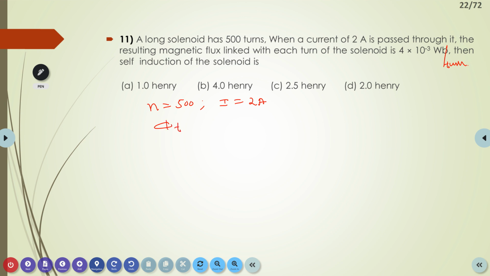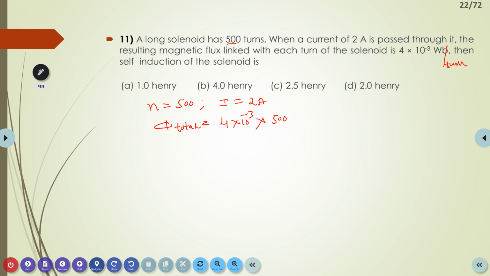Here phi total, you should write it like this: 4 into 10 to the power of minus 3 per turn into how many turns are there? Here, in total 500 turns are there. 500.